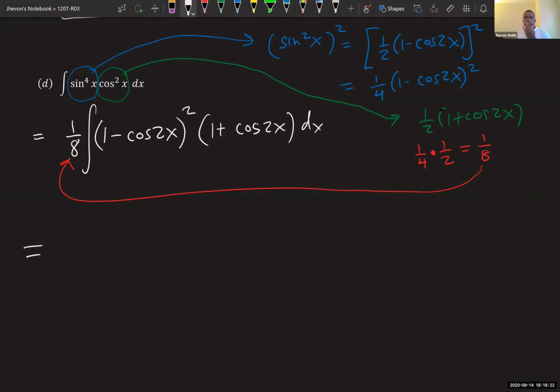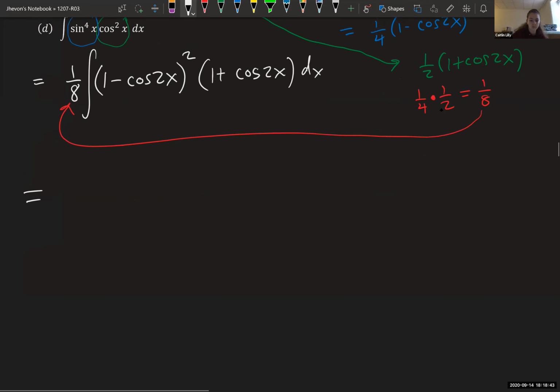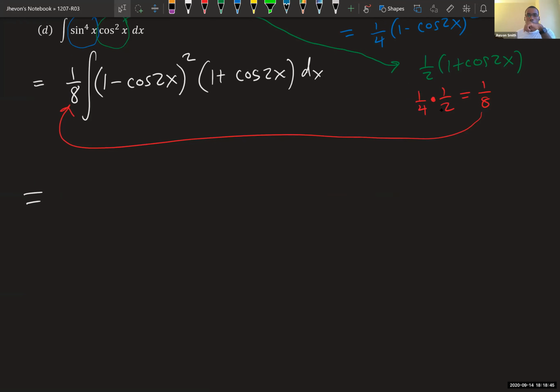Okay, so now we're there. What do we do now? You can reverse FOIL some of it, I think. Reverse what? So you can make it a difference of squares, and then you'll have an extra 1 minus cosine 2x.